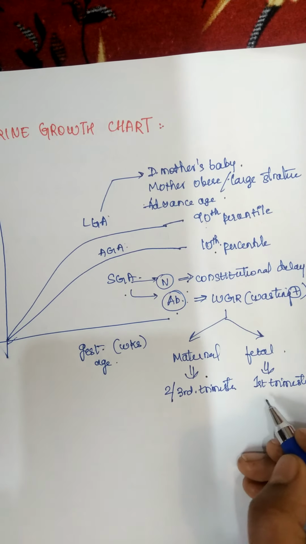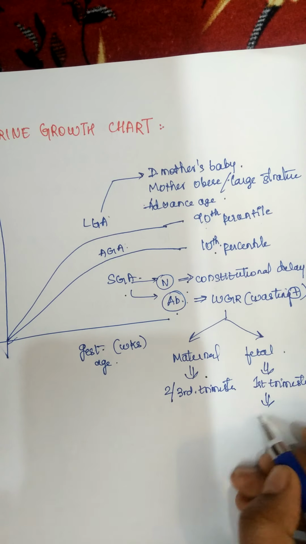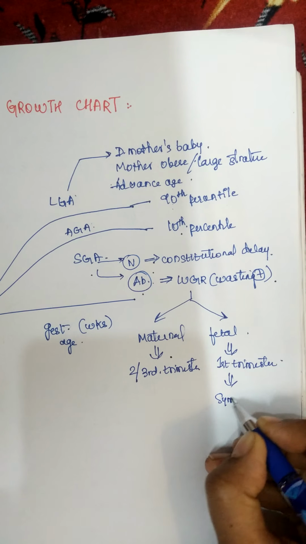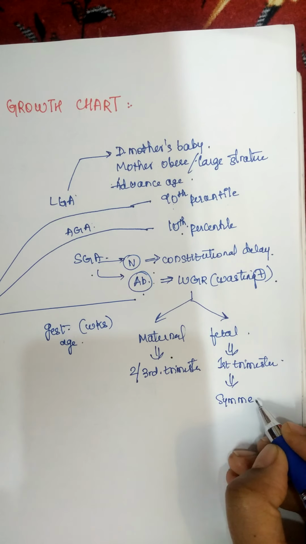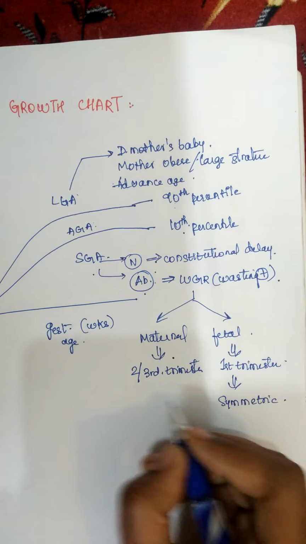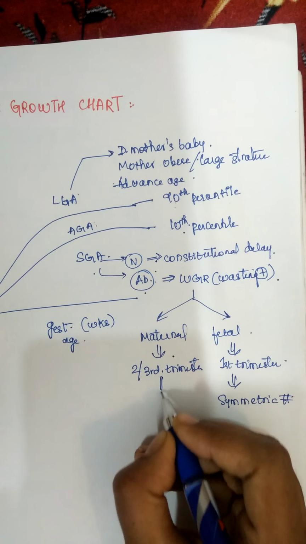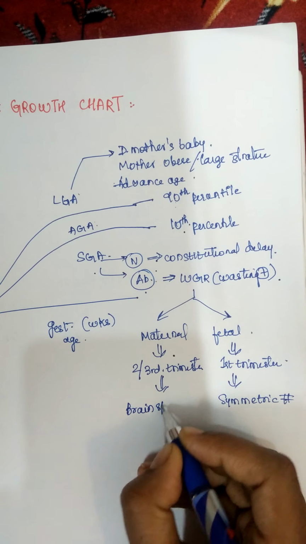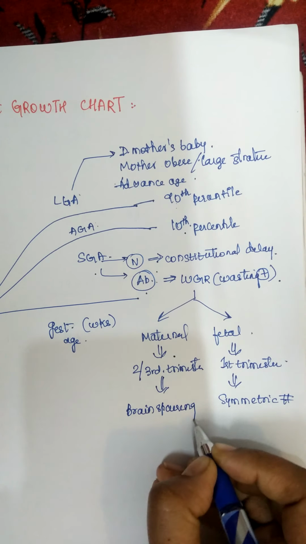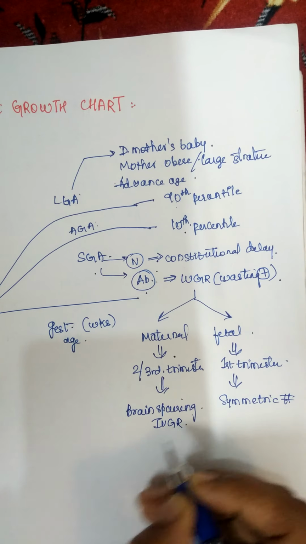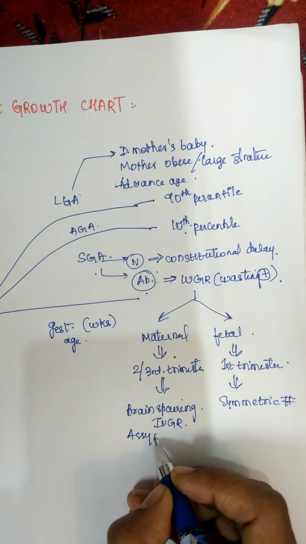So when it is affected in the first trimester, this will result in a symmetrical decrease in the whole body of the fetus. Symmetrically it is affected. Whereas in this, it is a brain sparing IUGR. That is, the brain is not affected, but other parts are affected. So this is an asymmetrical IUGR.